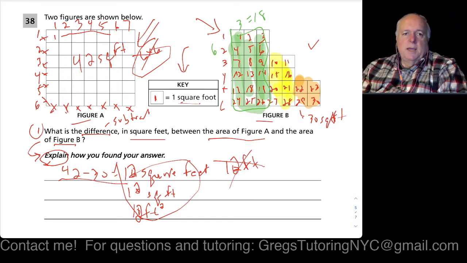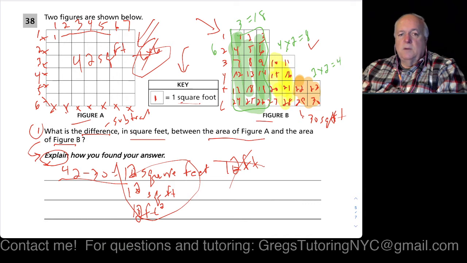Okay, so the area of the green was 18. The area of the yellow is 1, 2, 3, 4 by 2, or 2 by 4. That's equal to 8. And the area of this orangey browny thing is a 2 by 2, and that's equal to 4.